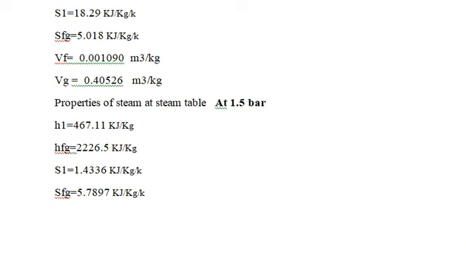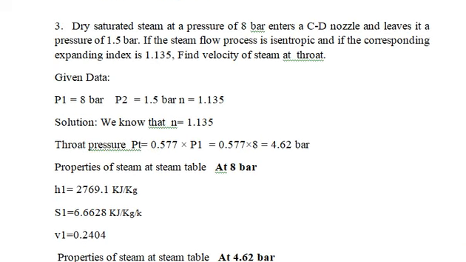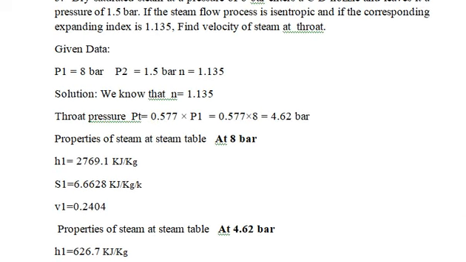That means today we have taken all three numericals, in which the steam is passing through the convergent divergent nozzle, having a pressure, and expands, and when it leaves the nozzle, the pressure is different.